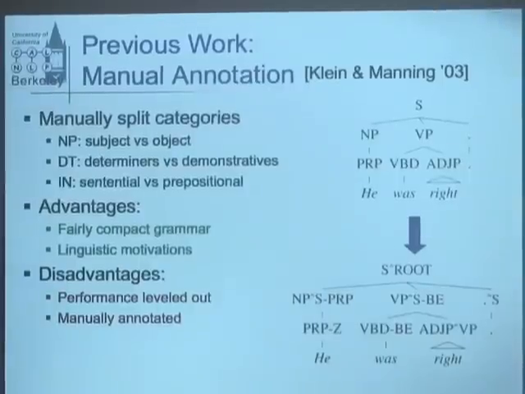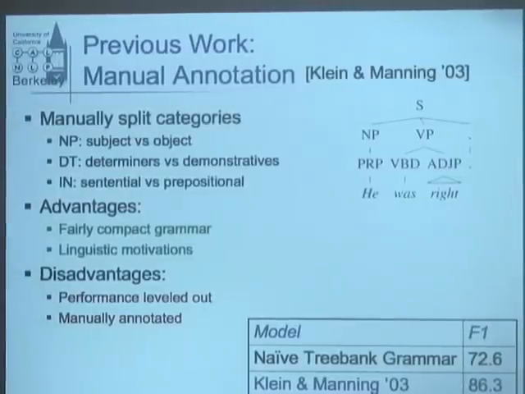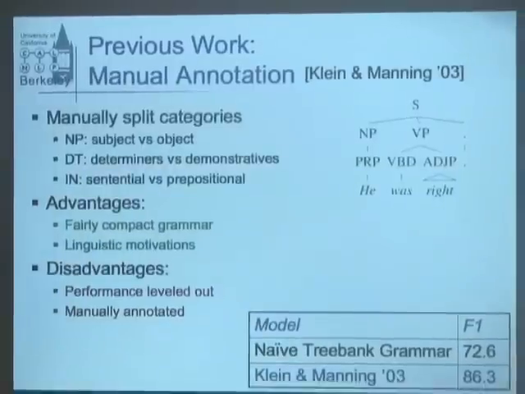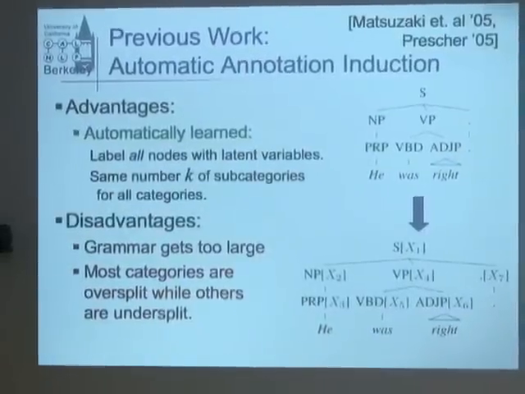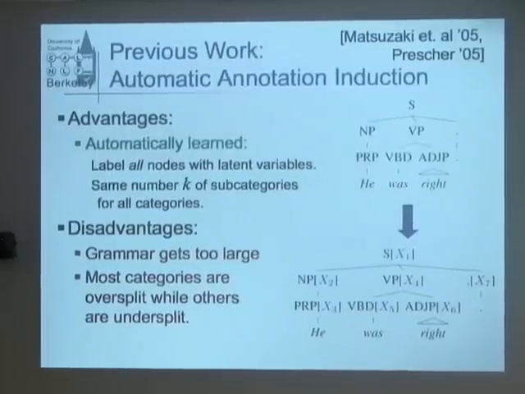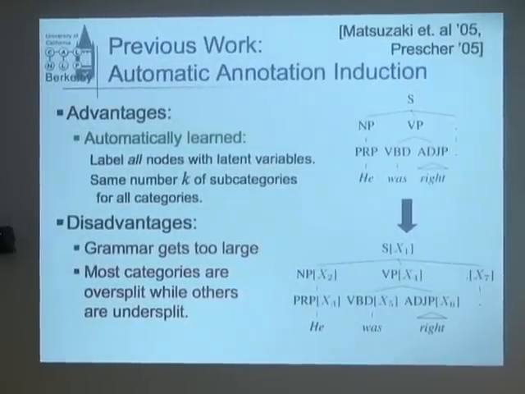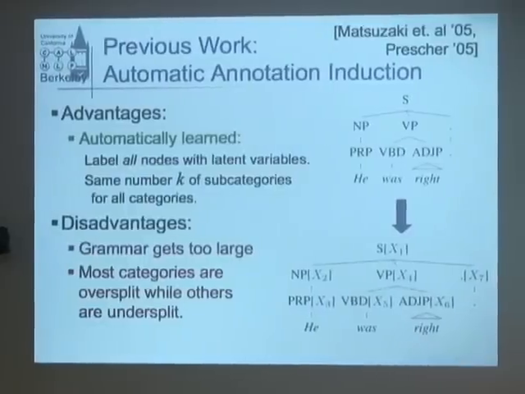Starting from a naive tree bank grammar that is just read off of the tree bank, you can get up to 86% parsing accuracy, where state-of-the-art is about 90, 91, nowadays 92. Then a few years later, there was some work on automatically inducing these subcategories, where each category is split into k different versions, and the EM algorithm is employed to learn those categories.